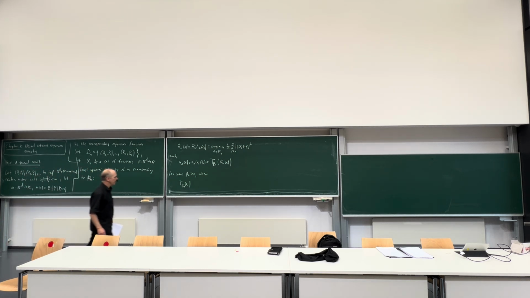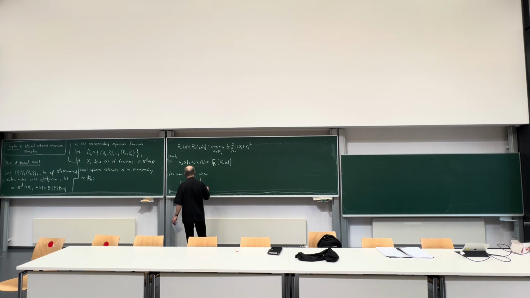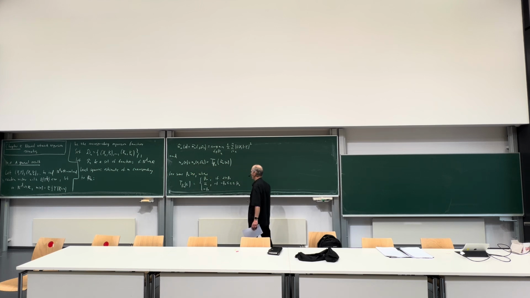Well, that's z, if minus beta_n is less or equal z is less or equal beta_n, and if z is greater than beta_n, then you set it equal to beta_n, and if z is less than minus beta_n, you set it equal to minus beta_n.